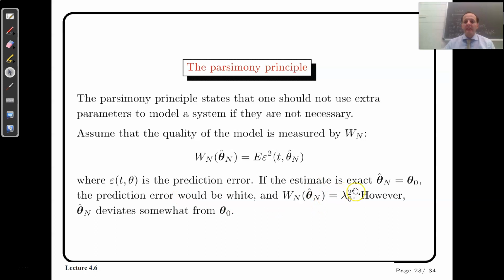If the estimate is correct, so the prediction should be right, it can be shown that the estimated value tends to the variance of the noise affecting the data. Of course, normally the estimation of your parameters is different from theta 0.